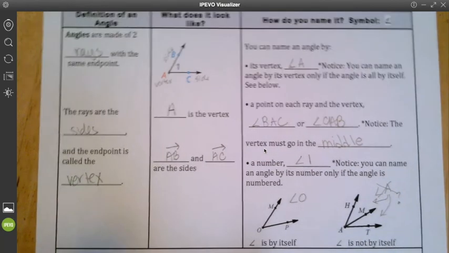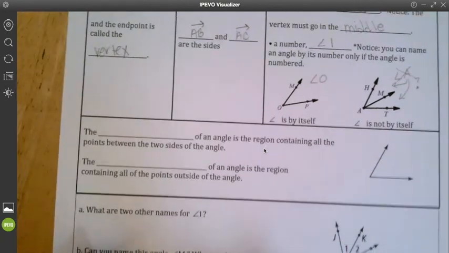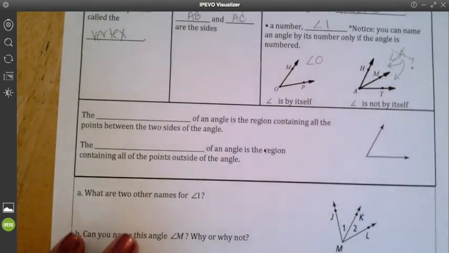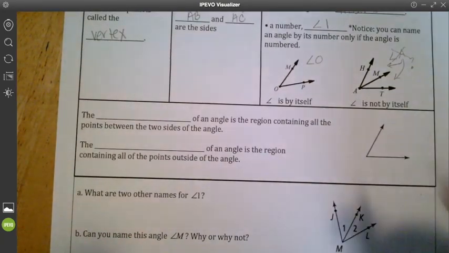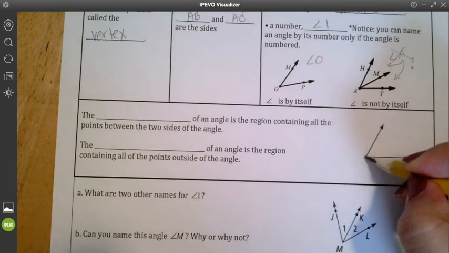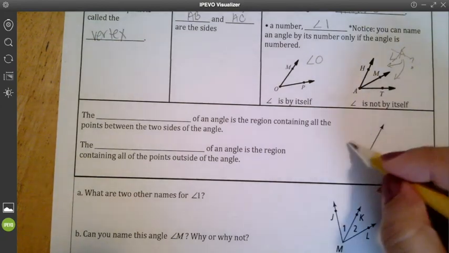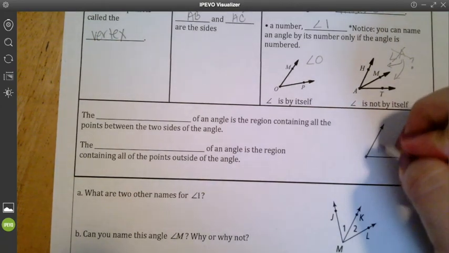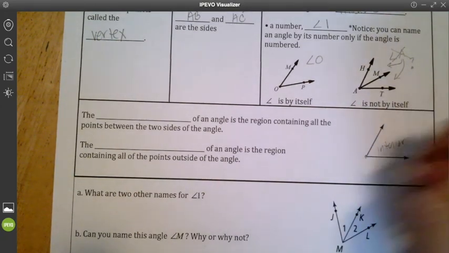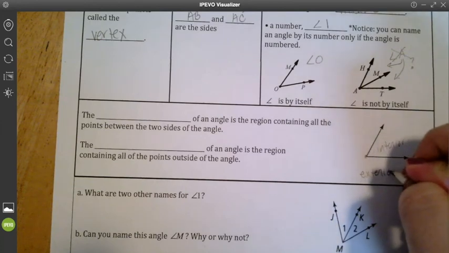Let's look at a couple more definitions here. So when we're looking at an angle, this is the vertex, these are the sides, and then we have the inside and the outside of the angle. This is called the interior, and this is the exterior.